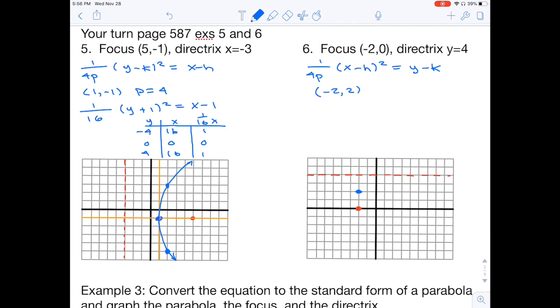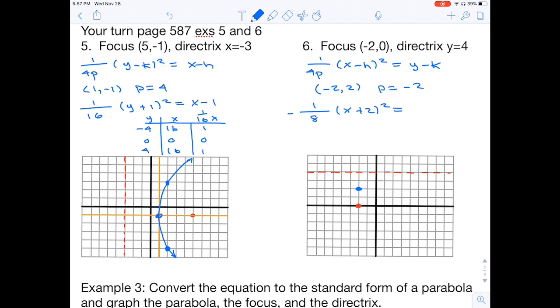And the p-value is the directed distance from blue to red, which is -2. So plugging those in, I'm going to get 1 over 4 times -2, which is -1/8, times (x minus a -2, which is +2), equals y minus 2.